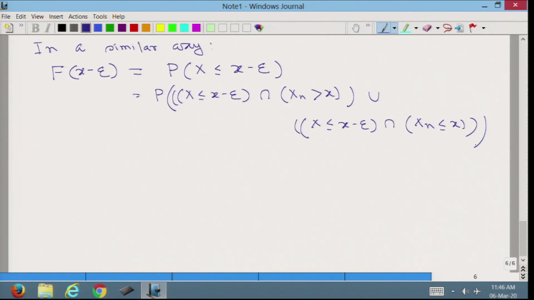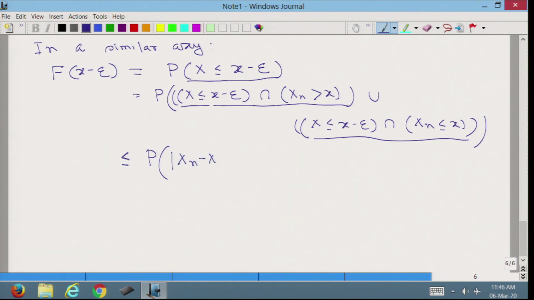So, again I have divided this event as a union of two different disjoint events. This is less than equal to probability modulus of x n minus x greater than equal to epsilon.